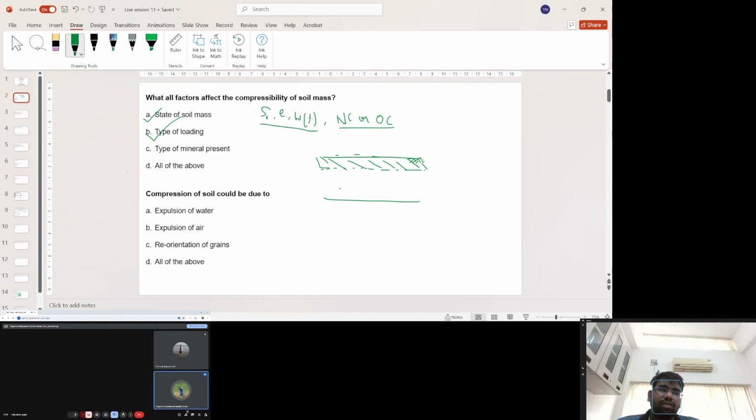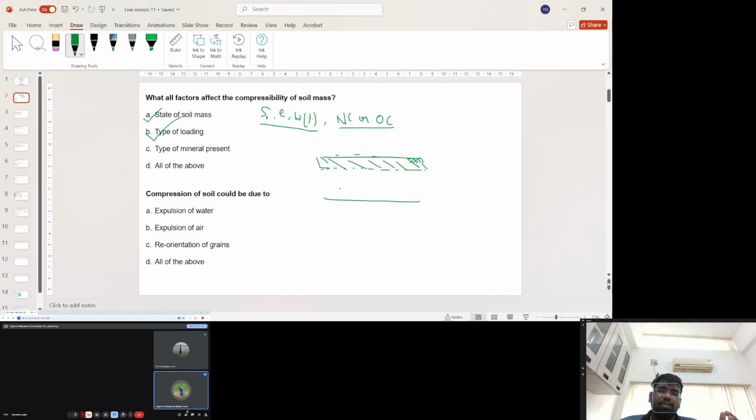So the settlement will be faster and the compressibility will be different because of its stiffness. And if you consider clay minerals, different minerals like kaolinite, montmorillonite, illite, halloysite, their arrangement is different.